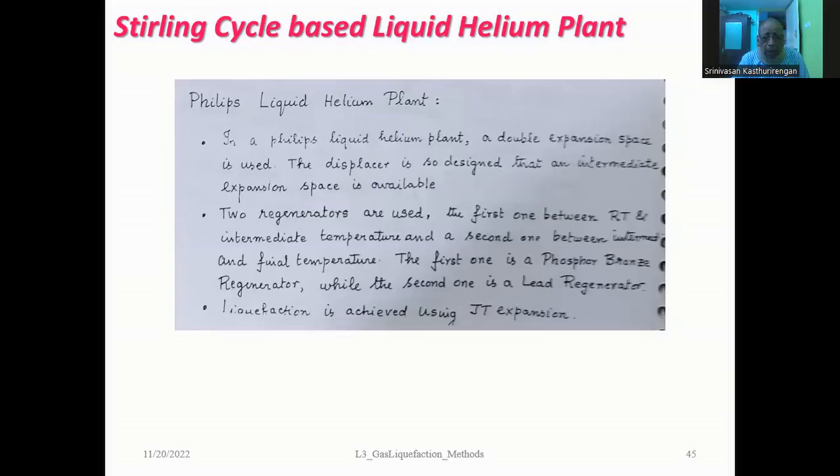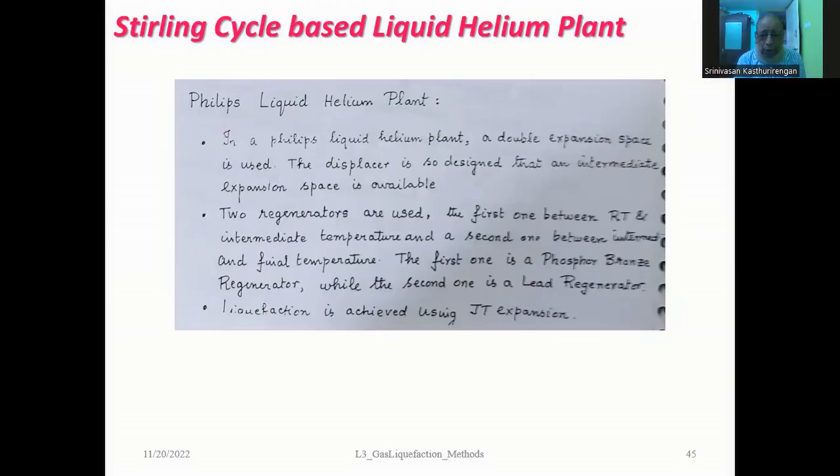Coming to the liquid helium plant, Philips also developed a liquid helium plant based on the same Stirling cycle arrangement. In the liquid helium plant, they actually use two expansion spaces. The displacer is designed such that an intermediate expansion space is available.